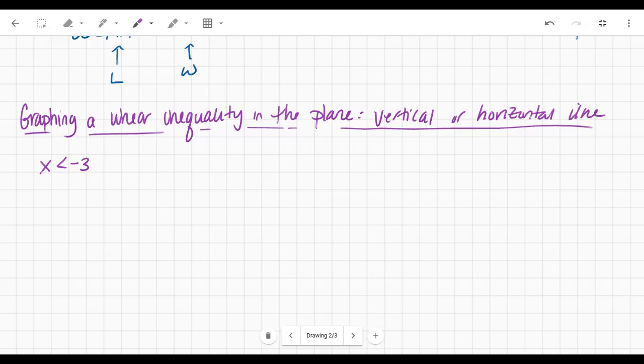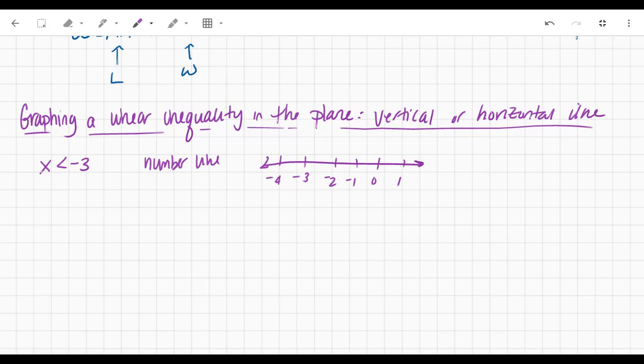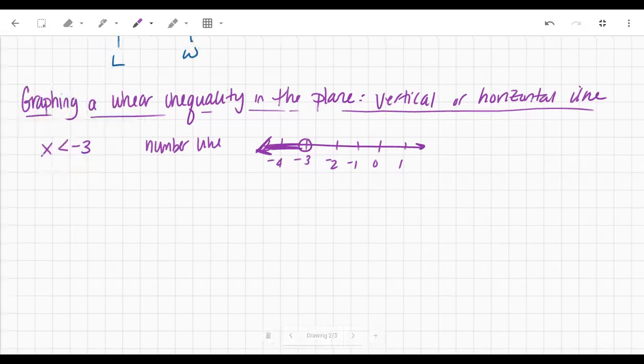Okay, you're used to graphing that on a number line. We would have our number line, -3. You'd have x is less than -3, so you'd have an open circle, and you would shade to the left. Now we're doing it in the plane.